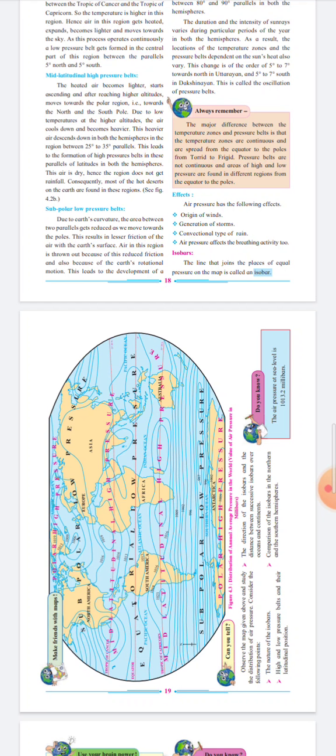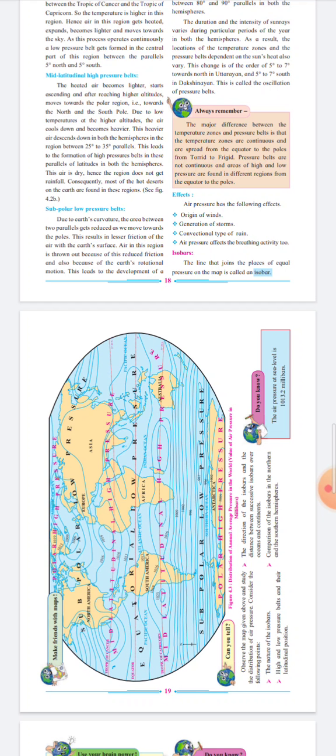In the polar region, temperature is low, hence the polar high pressure belt is formed. In which temperature zone are the polar winds observed? The polar winds are observed in the frigid zones.